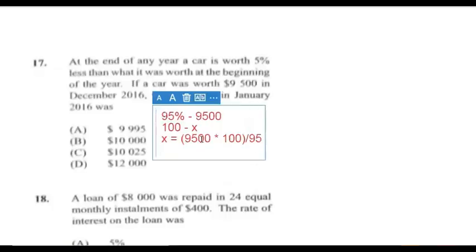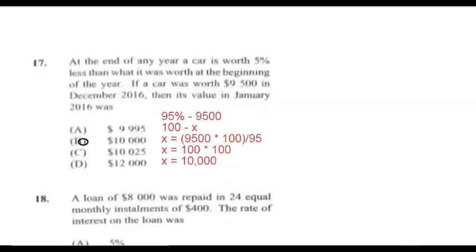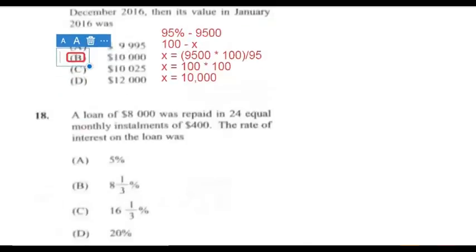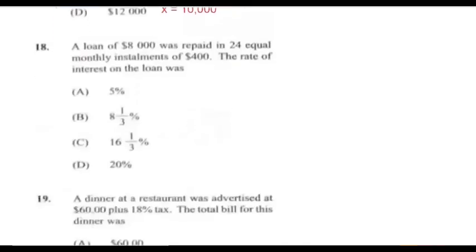So we can cancel 95 into 9,500, and we're left with x is equal to 100 multiplied by 100, and therefore x is equal to 10,000. If you have other ways or simpler ways that can work it, then it's fine, but all we need to know is that our answer is 10,000, which is the original value of the vehicle in January 2016.